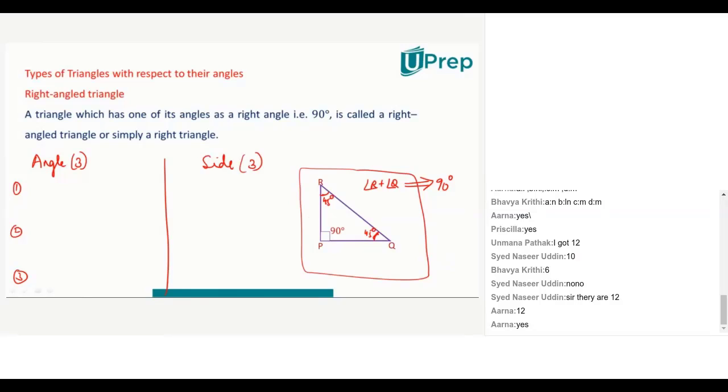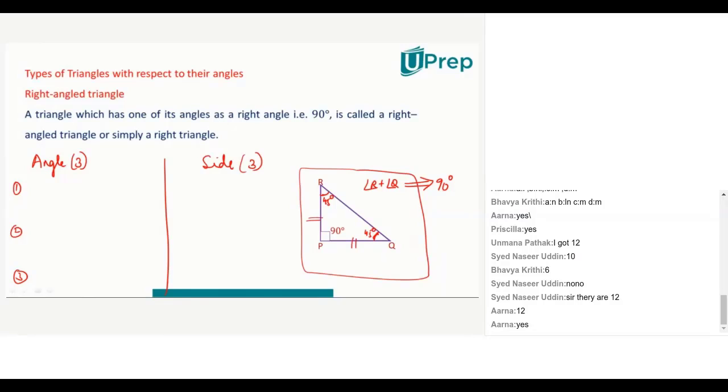Unmana? Angle P. So RP and PQ. Beautiful. RP and PQ would be the ones that are equal.